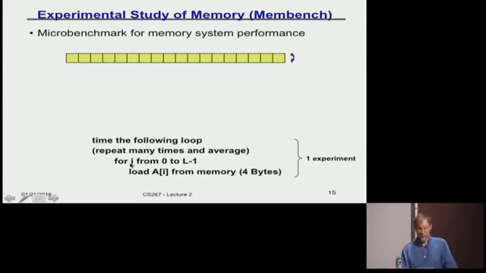I'm going to time this loop and run it many times. I'm just going to loop from 0 to L minus 1 and load A sub I, which in this case is a 4-byte object. I'm going to do that many times and average, because if it's not in the cache originally, I want to warm up the cache to make sure it's there. So that's going to be the simplest experiment, just count how long that takes.